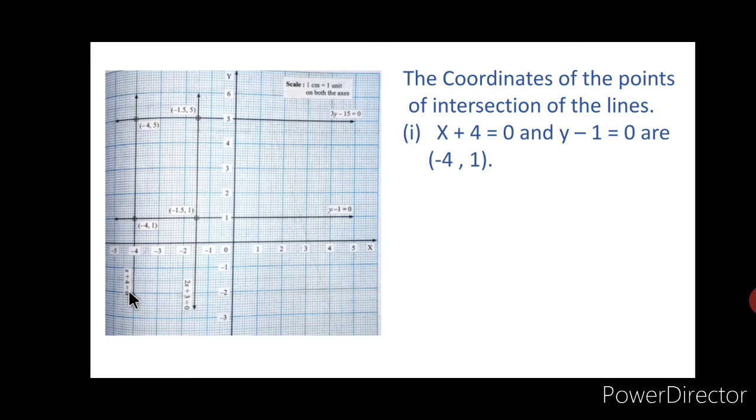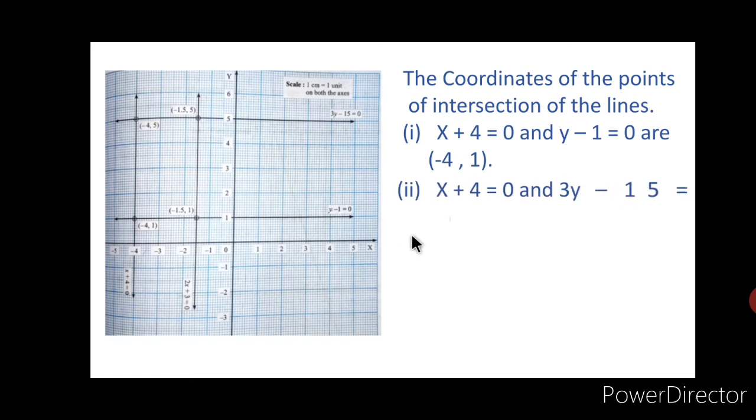And the second line, whose equation is y minus 1 is equal to 0. The point of intersection of these two lines is minus 4 and 1. That is, the x coordinate is minus 4 and the y coordinate is 1.